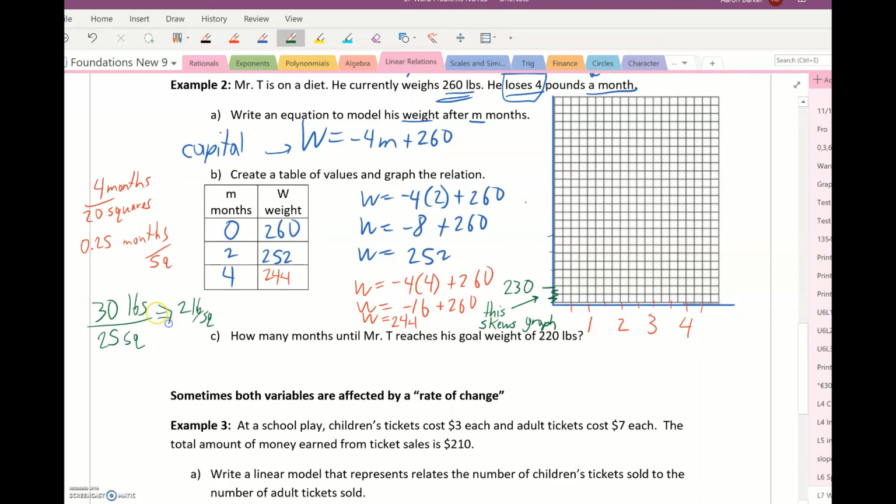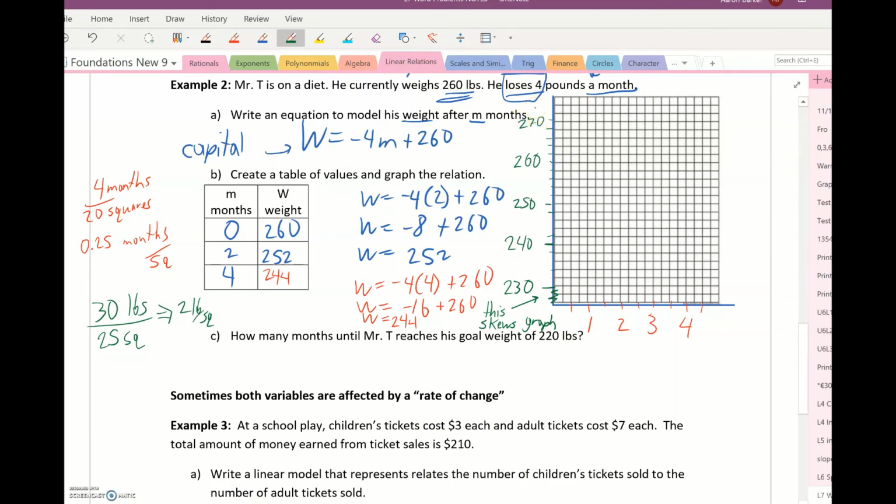Going up by 2s is going to be way easier. 2, 4, 6, 8, 240 will be right here. 2, 4, 6, 8, 10, 250 will be right here. 2, 4, 6, 8, and 260 will be right here. 2, 4, 6, 8, 10, 270 is right there.